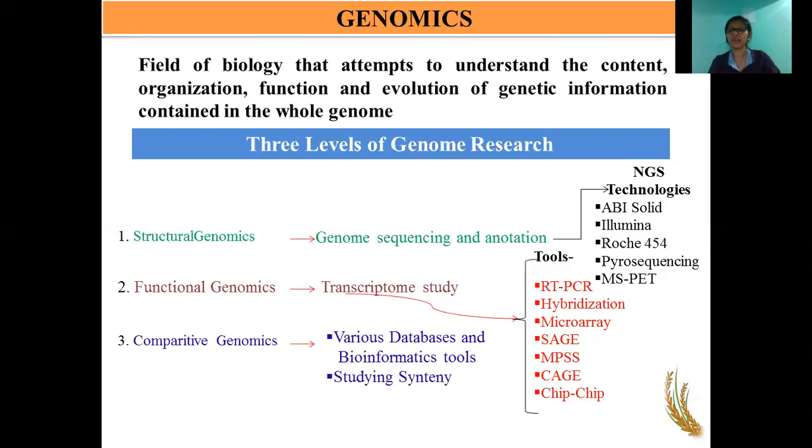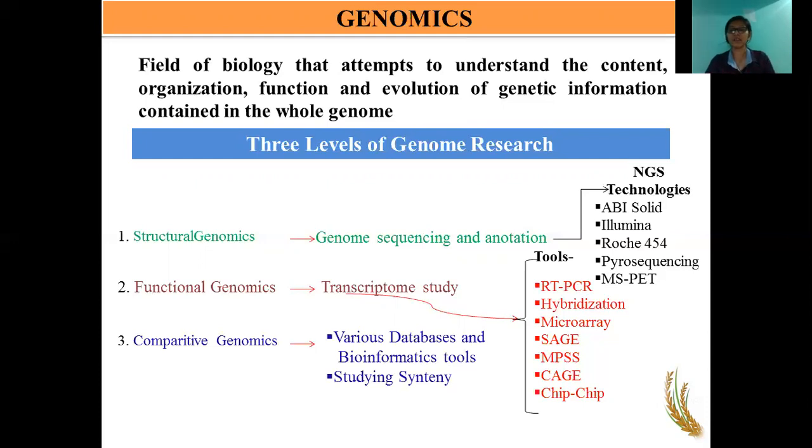Then the most commonly used method at commercial level is the microarray. And the next ones are SAGE, MPSS, CAGE, ChIP. These are all commonly used methods to identify the transcriptome and also the transcript abundance in particular tissues. And the third important one is comparative genomics, which is generally carried out with the help of various bioinformatics tools.